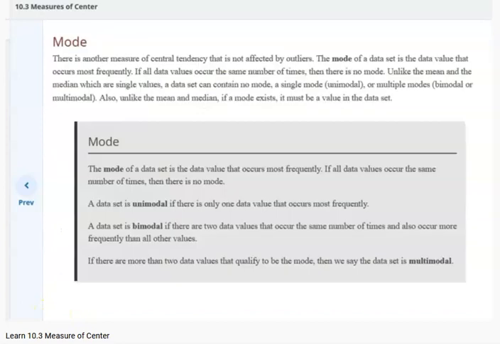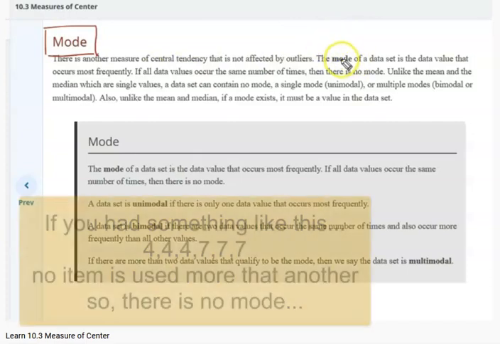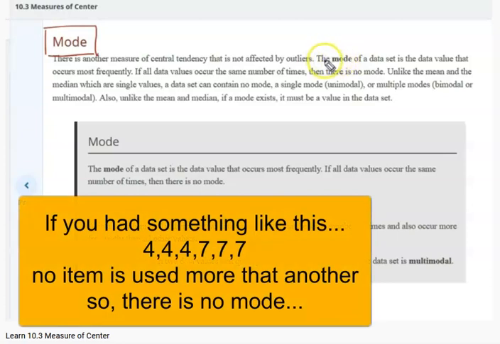And then going to our third item here, mode. So mode is when you look at your data, which item was used most often. And you look at the scores and you got 4 that had a 90. And that was the most. Well, that's unimodal, and it would be 90.